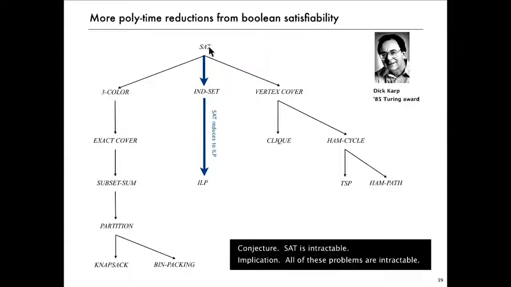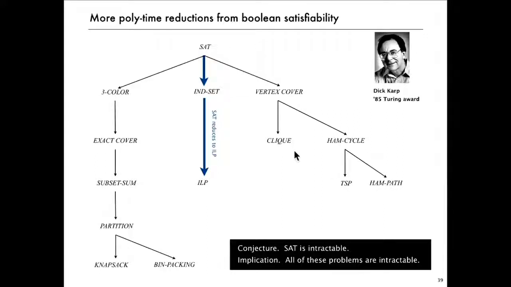So if we adopt the idea that SAT is intractable, it means all of these problems are intractable. And these are lots of important problems that people were looking for solutions to and couldn't find good solutions. What Karp showed includes the traveling salesman problem and the so-called Hamilton path problem, which is the problem of finding a path on the graph that visits all the vertices.